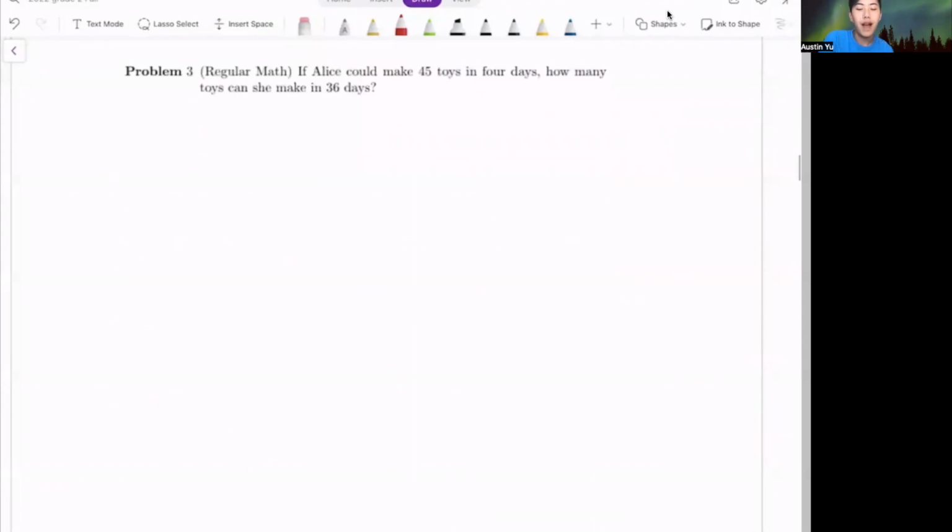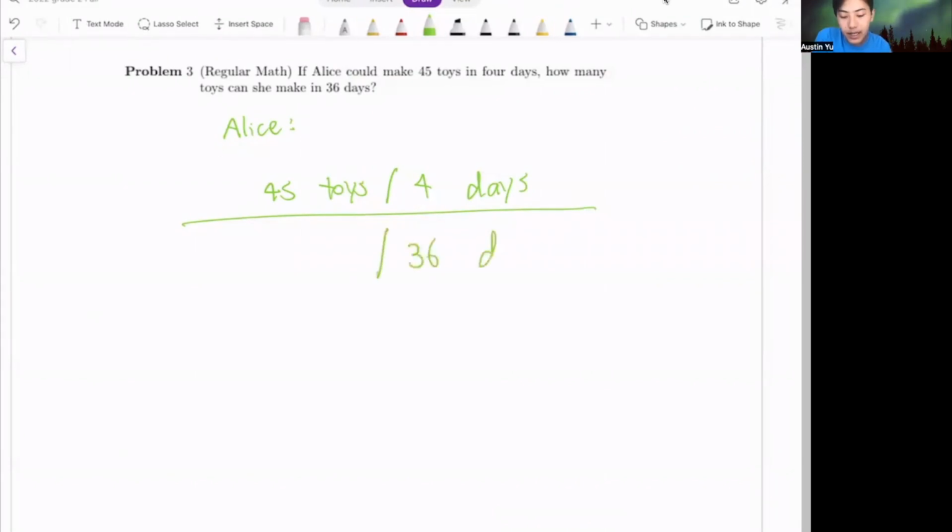Problem 3. If Alice could make 45 toys in 4 days, how many toys can she make in 36 days? All right. Alice can make 45 toys in 4 days. Then how many toys can she make in 36 days? Well, let's simplify this into something more straightforward. We will write 36 days at the bottom.